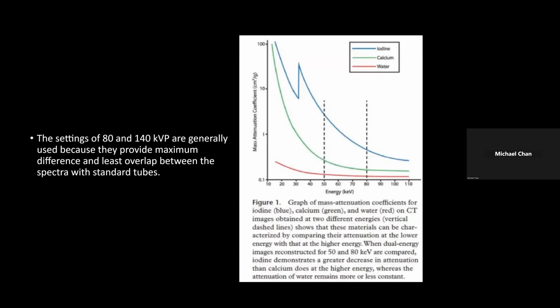Traditionally, dual energy CT images are obtained at 80 and 140, and these can be obtained in a variety of different ways, which I won't go through today.